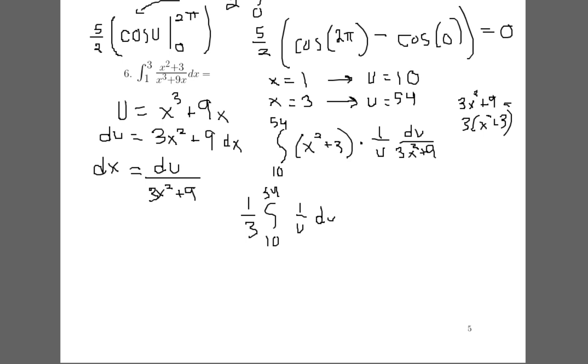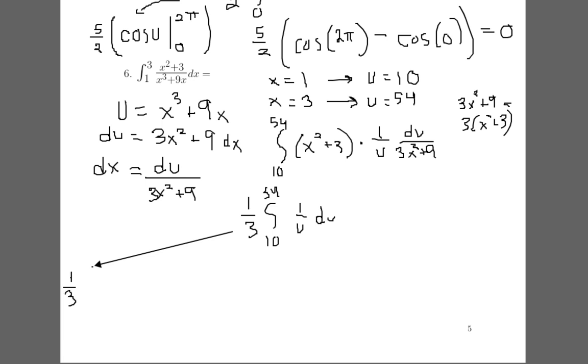All right, so the antiderivative of 1 over x is going to be the natural log of the absolute value of x. So in this case, the antiderivative of 1 over u gives us ln u.